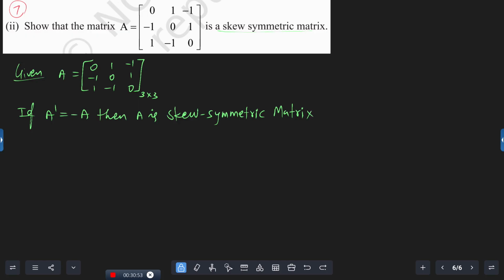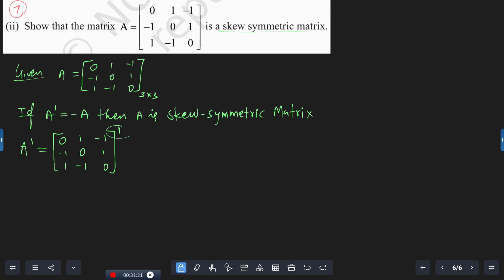So when you take A transpose, you want to get minus A. Right, let's take the transpose now. A dash is equal to the matrix 0 minus 1 1, 1 0 minus 1, minus 1 1 0, and I'm applying the transpose.